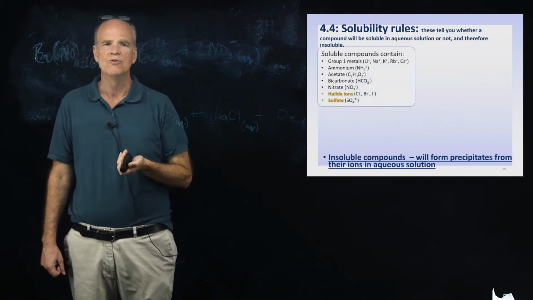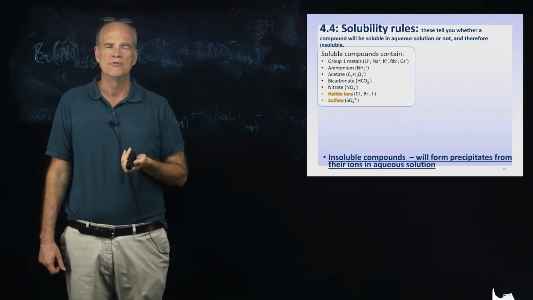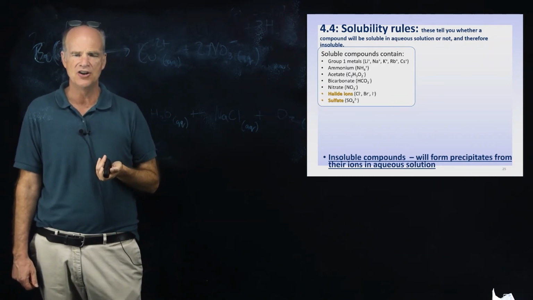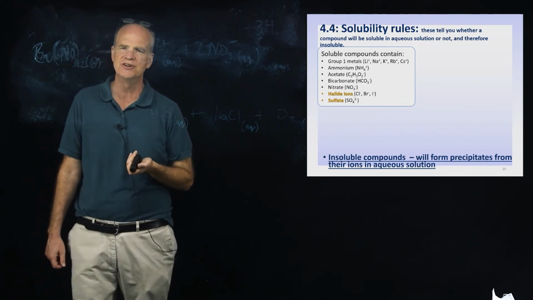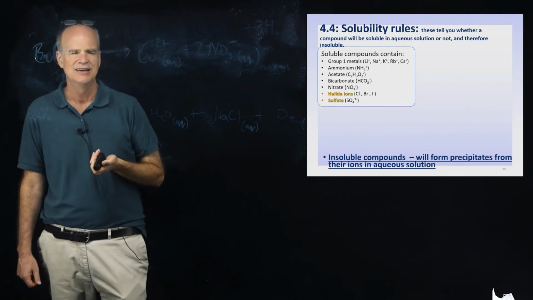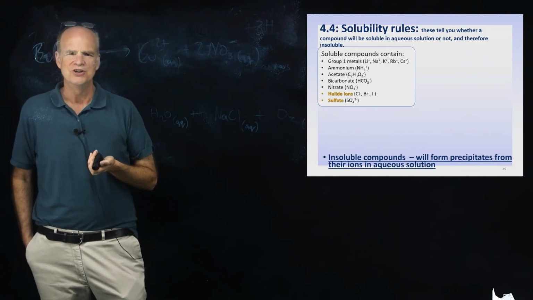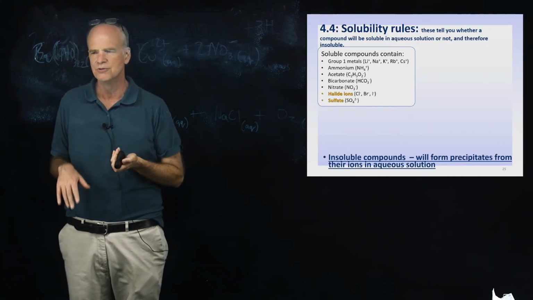So now you have to be able to recognize these compounds and figure out whether they are soluble or not. This is a fair amount of memorization. There's really no easy way to do it. I don't really know of any great mnemonics to remember which compounds are soluble and which are not, but there are some basic rules that we can go through that will help you.